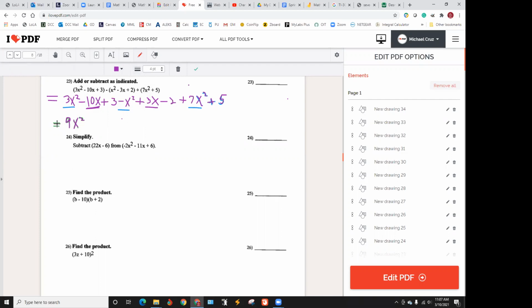This one works different than the other ones I looked at. All right, so now -10x and 3x is -7x. Negative 10, positive 3.